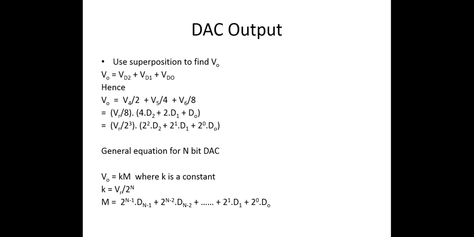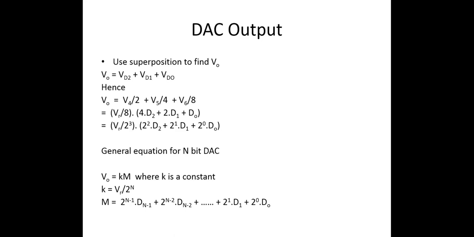So V0 will then be equal to the sum of these three voltages, and after simplification we can see that we get an expression in which V0 is proportional to the value of the input binary number with the constant of proportionality K given by reference voltage divided by 8, which can be written as 2 raised to power 3.